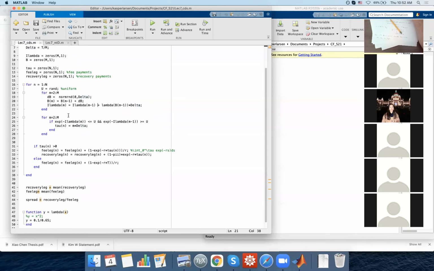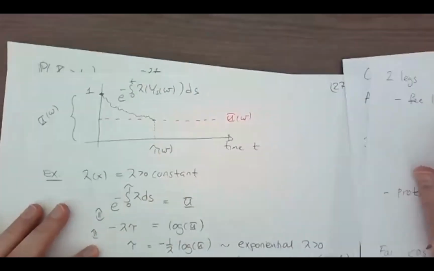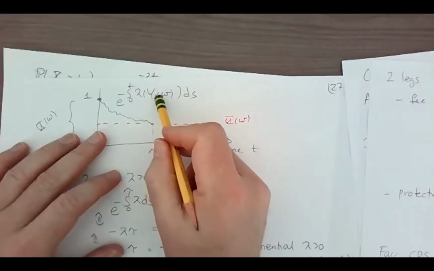And then what happens is I'm interested in these default times. This default time is going to happen the first time that it dips down below U. So on the picture, let me switch back to the picture. I'm pulling a U and I'm growing a path up here.